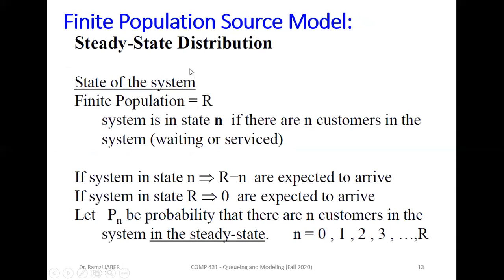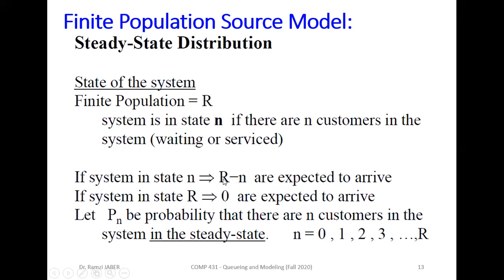So in steady state distribution, finite population R, the system is in state N if there are N customers in the system, waiting or in service. Here in these slides, we assume K is less than R. If the system is in state N, it implies R minus N are expected to arrive.